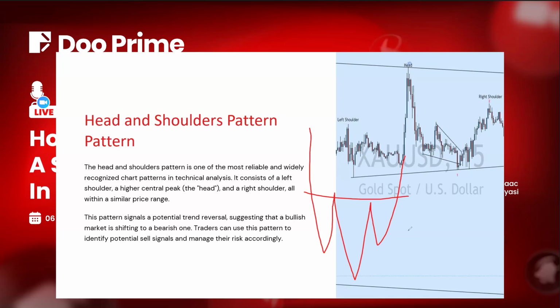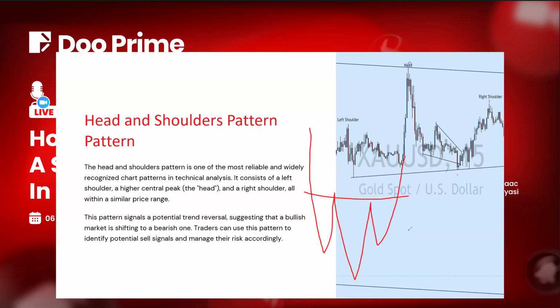So with this pattern, how do we trade it? Once price makes the first high and is going back, then you attack it. This is the aggressive way of trading this very pattern. You enter immediately right from here, and then your first take profit level would be here, the neckline.